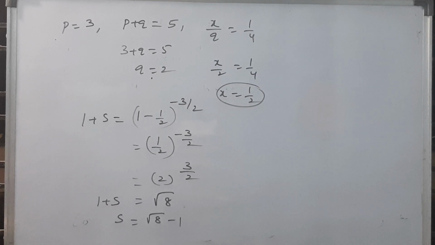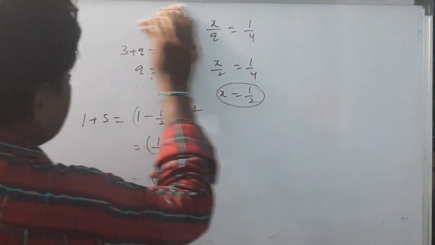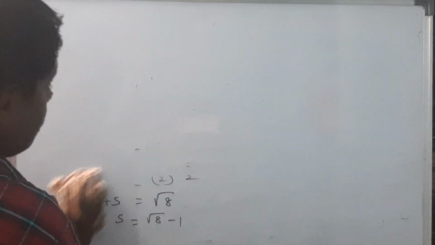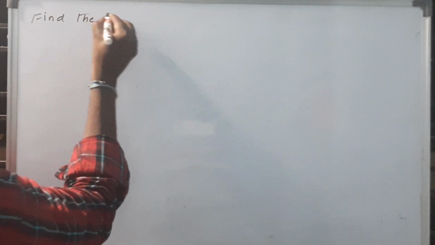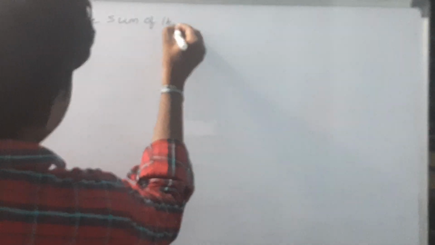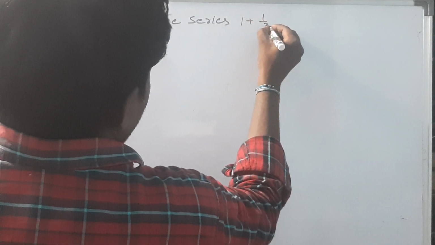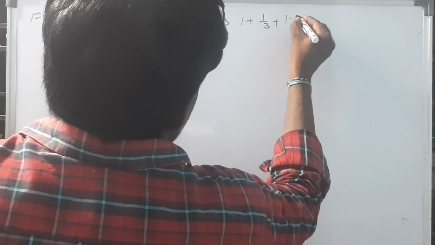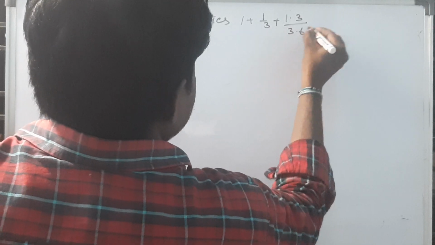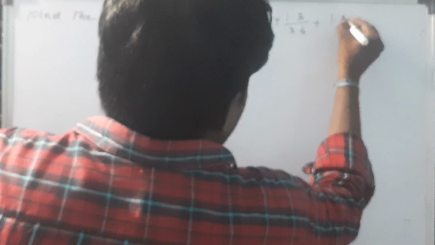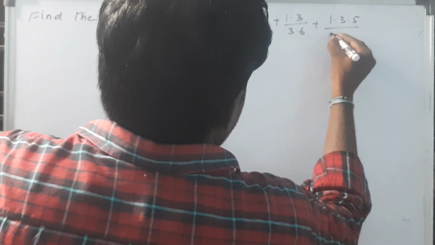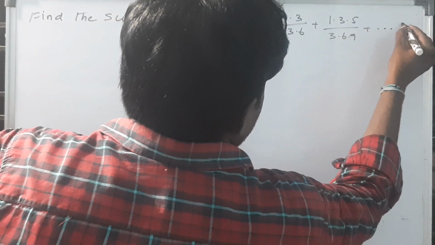See the next problem. Find the sum of the series 1 plus 1 by 3 plus 1 into 3 by 3 into 6 plus 1 into 3 into 5 by 3 into 6 into 9 plus and so on to infinity.